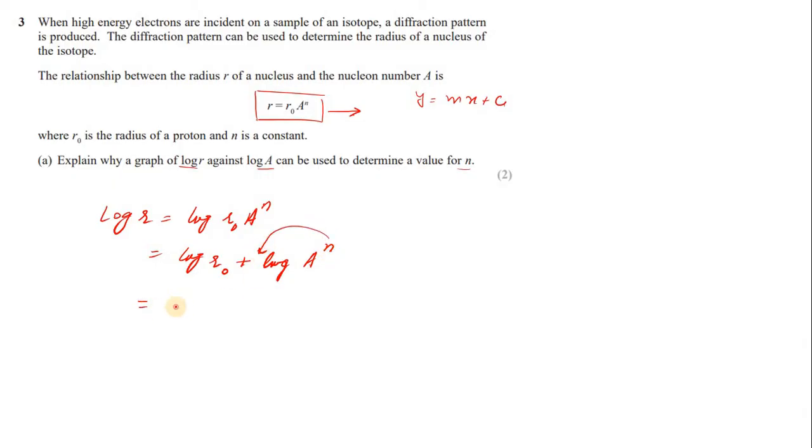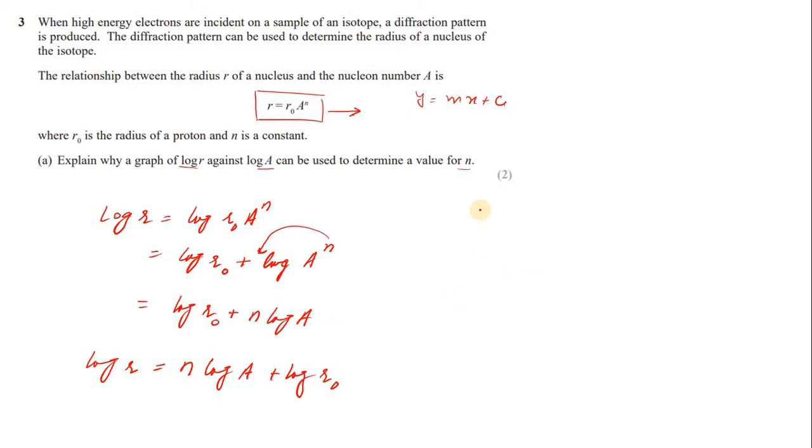So we can rewrite log of r0 plus n log of A. And then finally we arrange this equation as log of r is equal to n log of A plus log of r0.